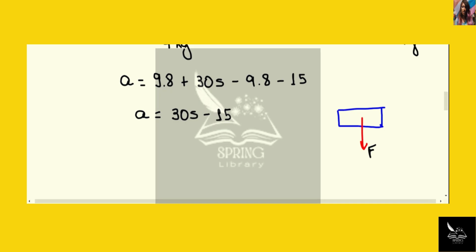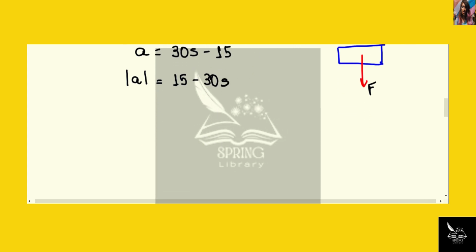So actually the acceleration is negative. This means that the absolute value of the acceleration is equal to 15 minus 30s. Okay, this is the absolute value of the acceleration.